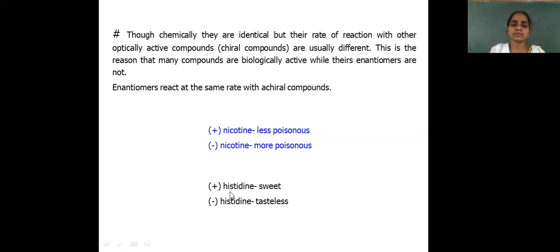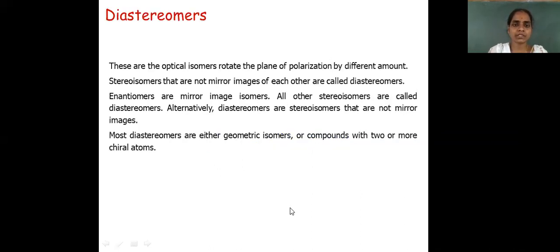Histidine: plus histidine, which shows a clockwise orientation, is sweet, and negative histidine amino acid is tasteless. Those are some biological examples of enantiomers.